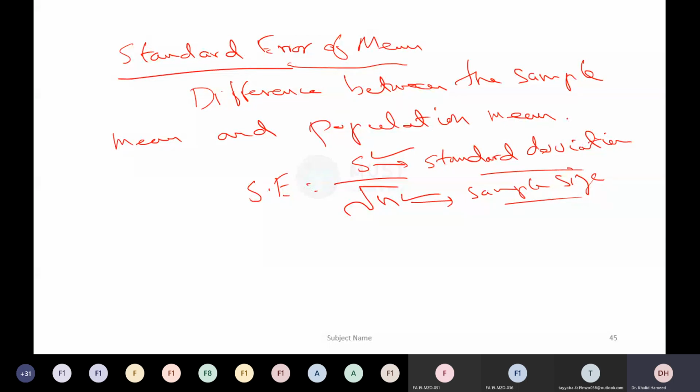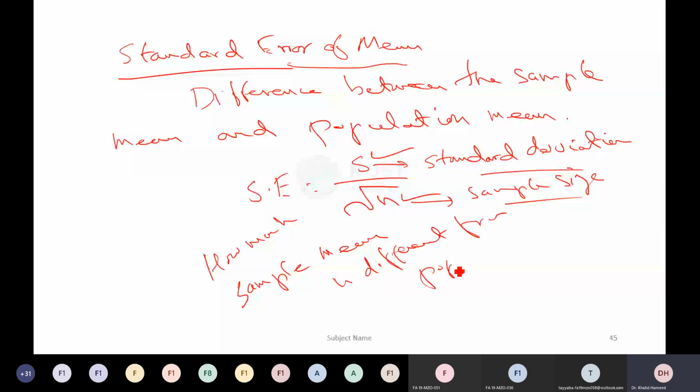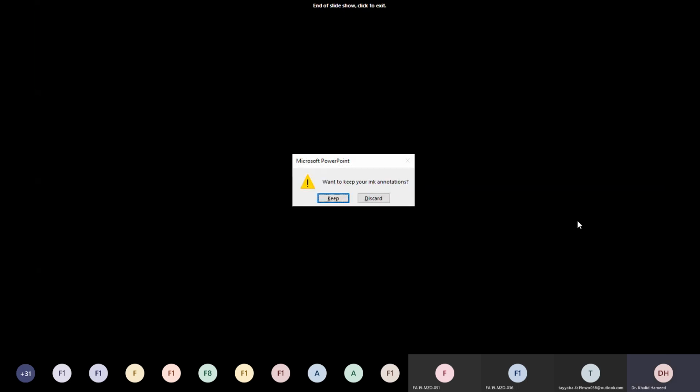So standard error tells us how much your sample mean is different from the population mean. Let me create a couple of slides and then I will discuss it.